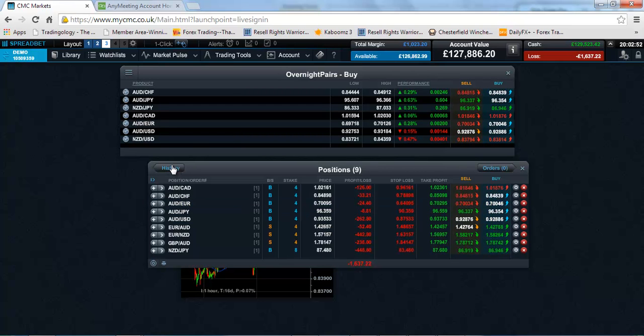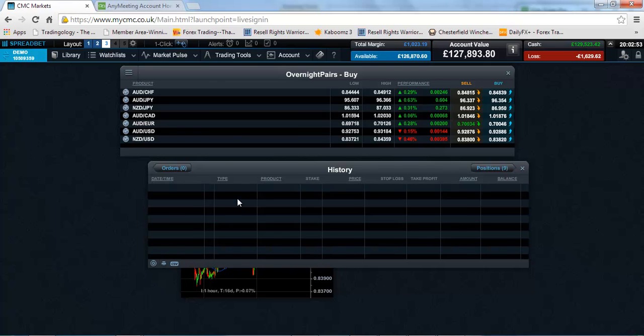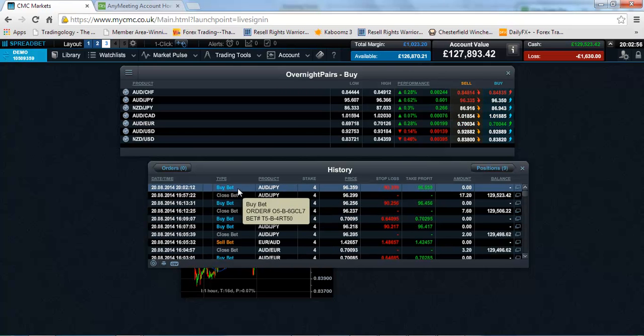It's very, very important. So my history has just told me that I have gone into a trade of Australian dollar Japanese yen, and it's giving me my price number, my stop loss number, my take profit number, and it has also told me the type of trade I went in, which is buy, the date and the time.